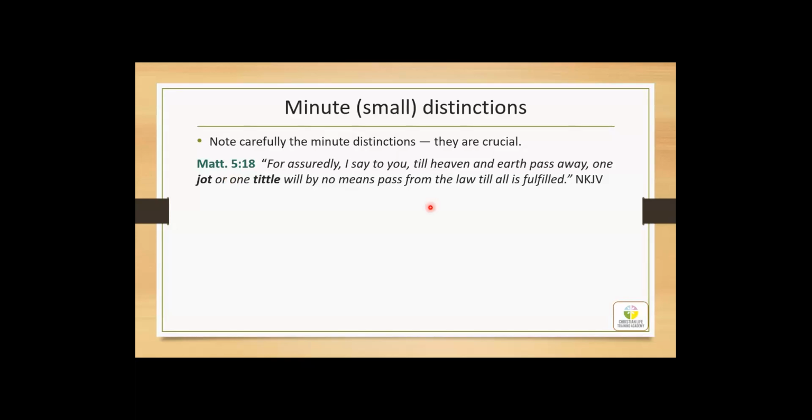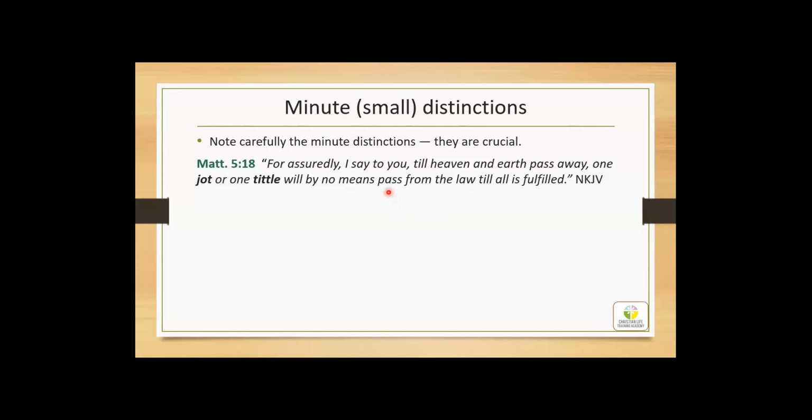And that's the New King James Version. I don't know which versions you've got there. Anybody else got another version for me? Would you like to read it for us?